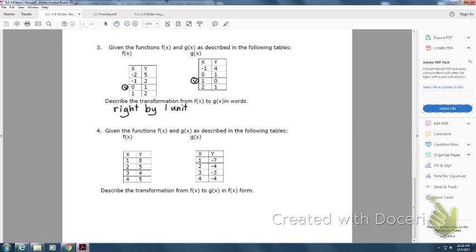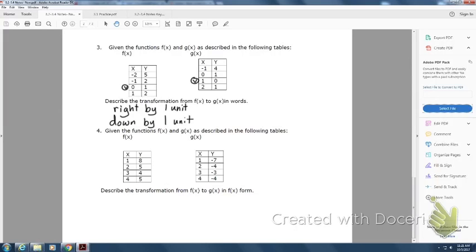All of the y values are doing what? Going down by 1. Okay.